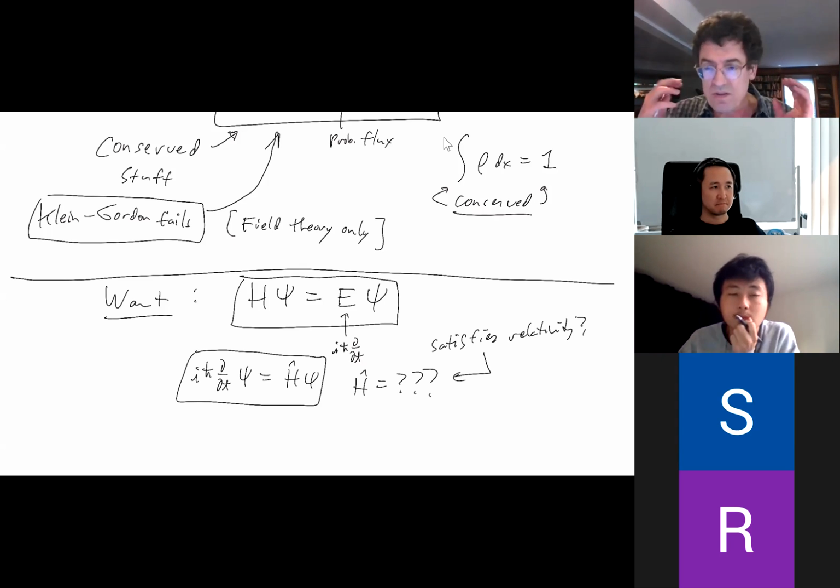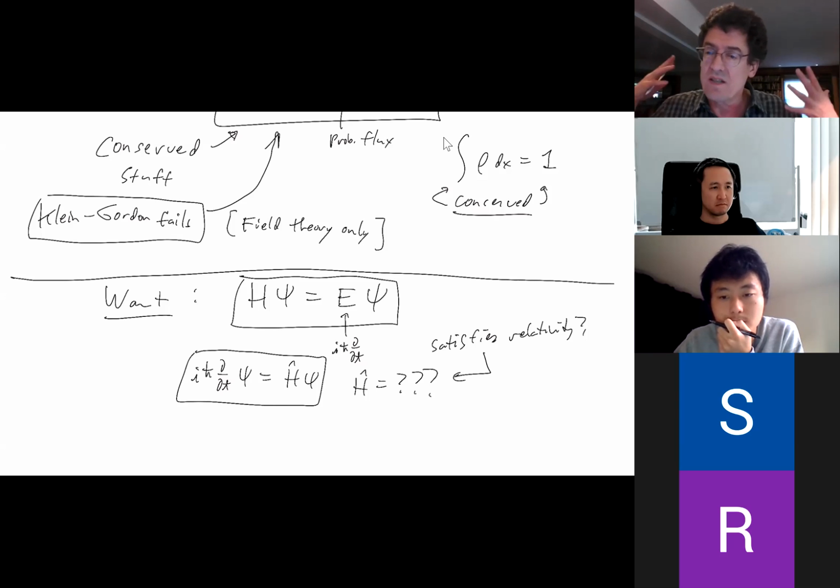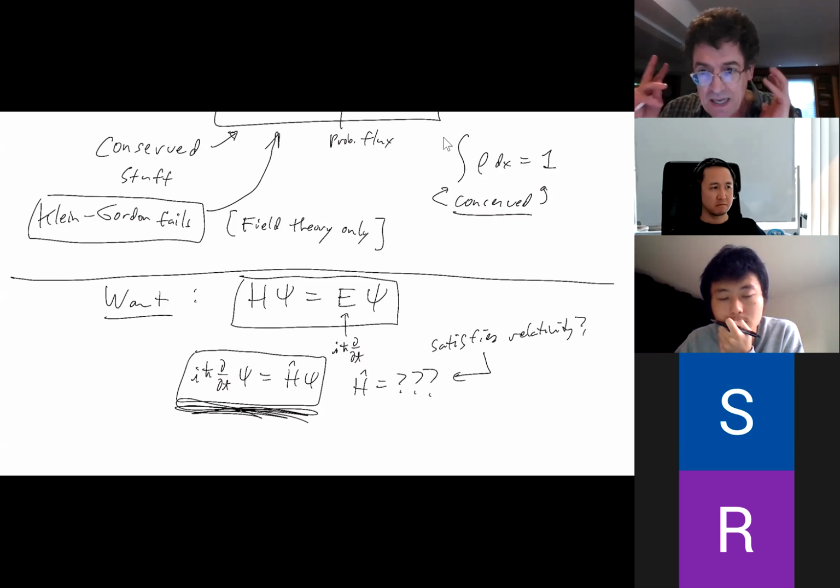This was really hot physics in the 20s, around 1925. People were really wrestling with this. They were trying to figure out what the Hamiltonian is that we can use to construct a time-dependent Schrodinger equation, but we need that Hamiltonian to also satisfy relativity.